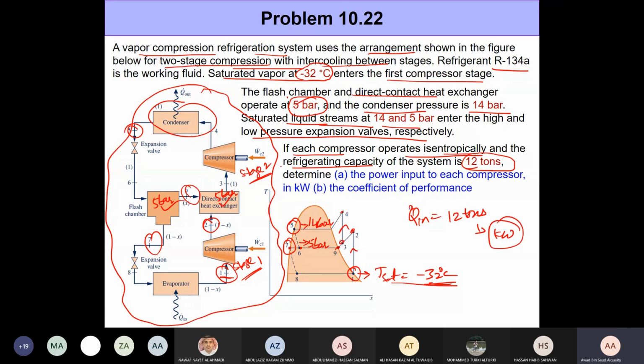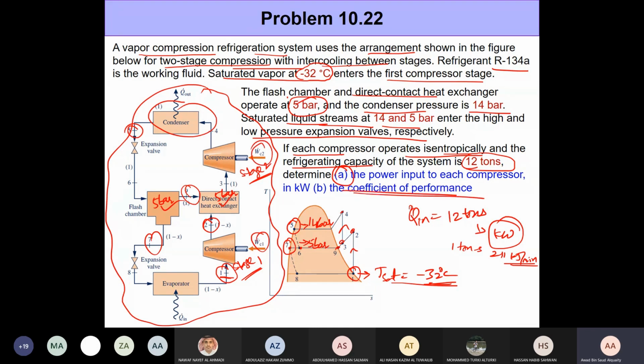Before we make use of it, we may have to convert that into kilowatts. If this appears in the exam, I will provide you the conversion, right? So 1 ton is 211 kilojoules per minute. So that conversion will be provided to you, or I will write it in the formula sheet so you can look through it. Now, for all the information that's given here, we need to determine the power input to each compressor. We need WC1 and WC2, and then the COP.